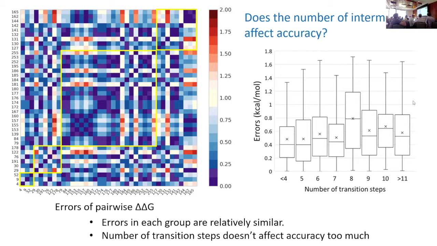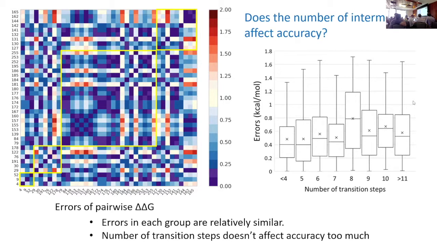We compare the accuracy of delta delta G within a group, which is highly parallel, to other groups which have a kind of serial connection. It seems like within a group and outside the group doesn't have too much difference in accuracy. So it's not maximally parallel, but it's still okay. The accumulation of error is not significant enough to show anything weird.